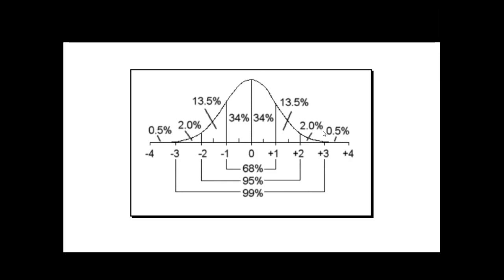When we talked about how, if you have a normal distribution, approximately 68% of the values will exist within one standard deviation before and after the mean, or if you're working with proportions, the proportion. 95% will exist within 2 standard deviations of the center value, the proportion or the mean. And within 3 standard deviations, 99% of the values will exist. And this happens every time you have a normal distribution.